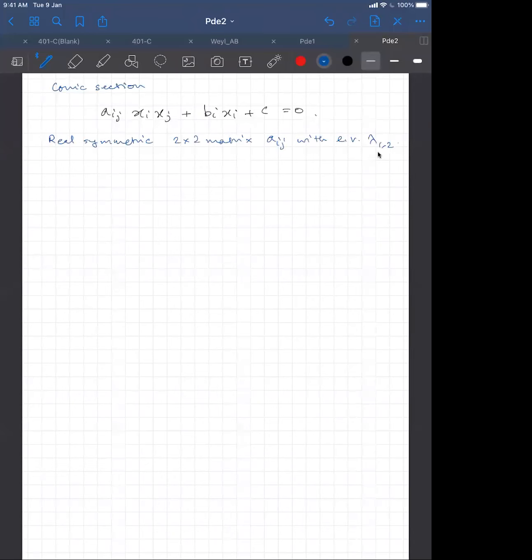And so this is going to represent either, say, an ellipse if lambda 1 x1 prime squared plus lambda 2 x2 prime squared is equal to 1, and all the lambda i's are greater than 0.